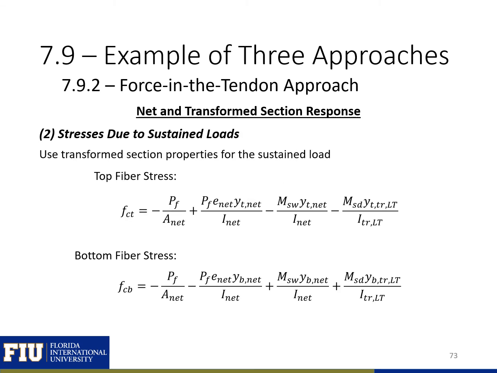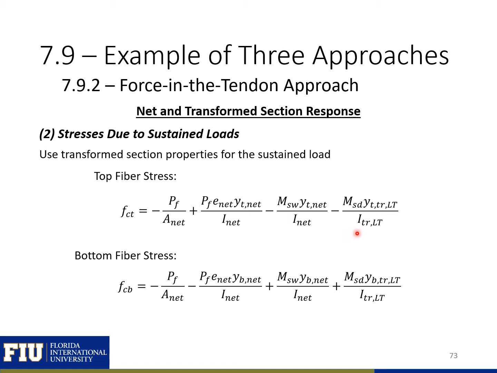We can use these equations then to calculate our stresses due to our sustained load. Note that, again, we have a difference here where we're using our pre-stress force after all of our losses to calculate the axial and flexural stresses from our pre-stressing. We're still using our net section properties to resist our self-equilibrating forces, our pre-stressing force and our self-weight stresses.